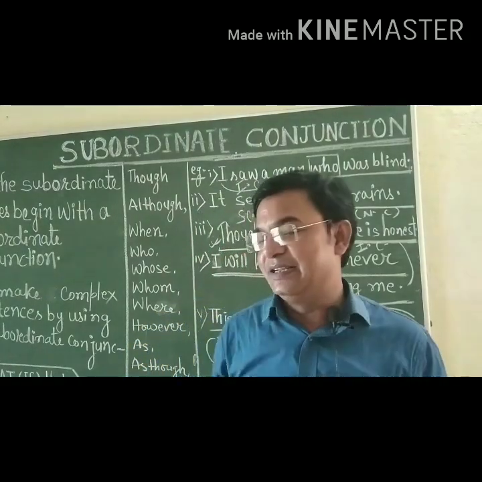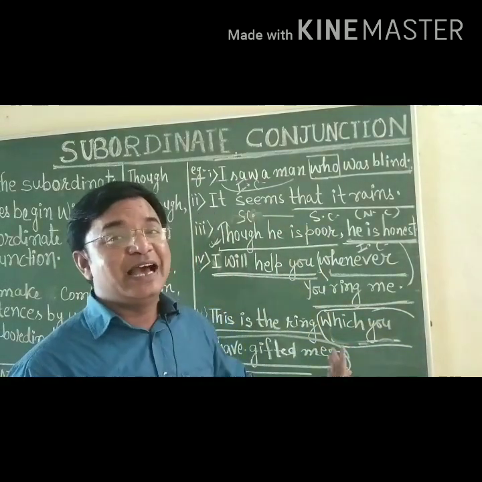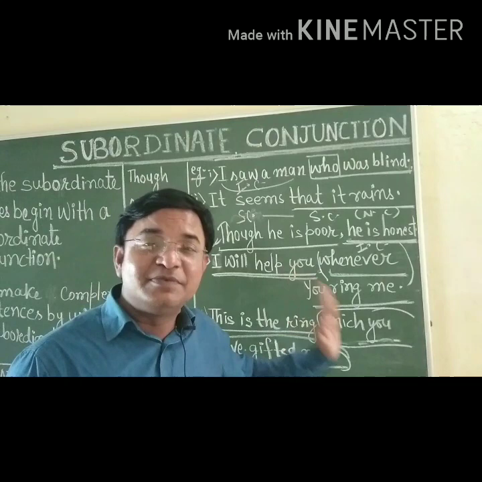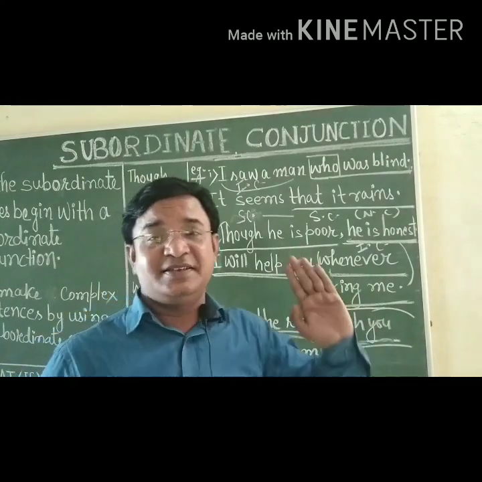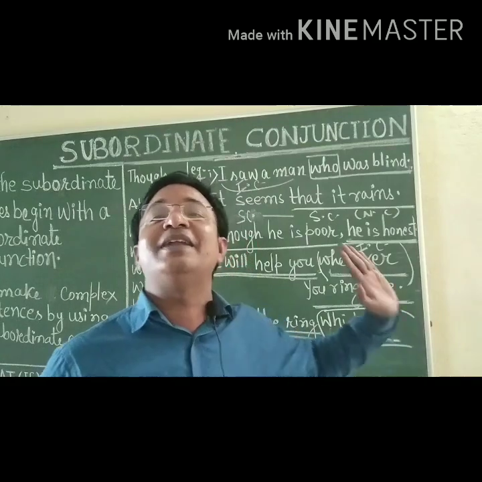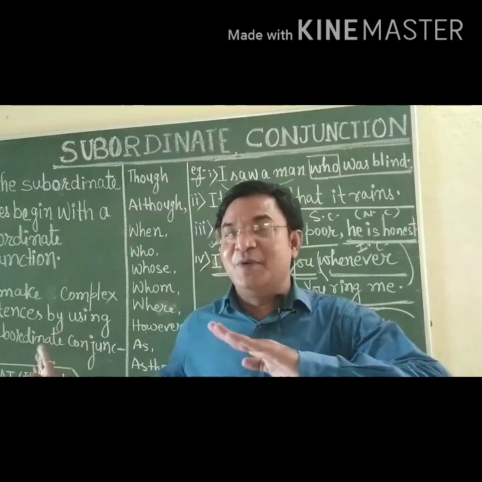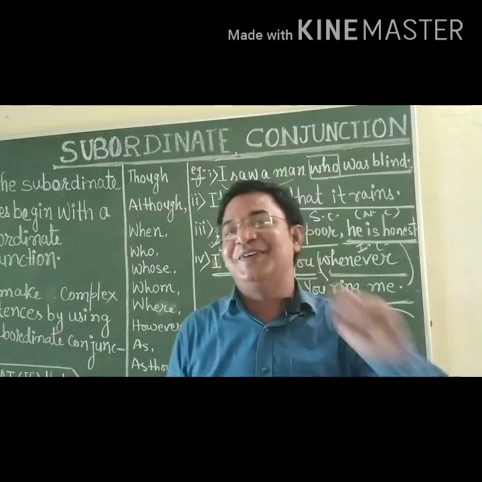Okay? Fine. And we also came to know about some examples, and we are able to separate a subordinate clause from an independent one. And we were talking about complex sentences now.